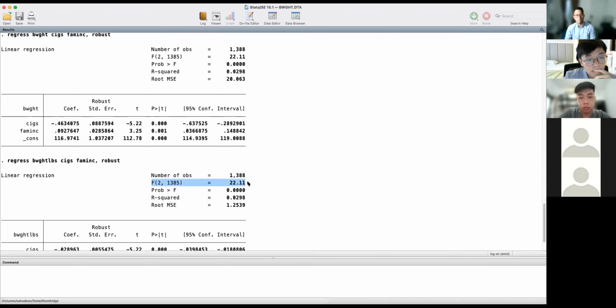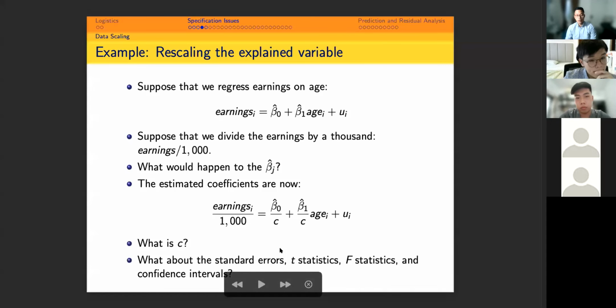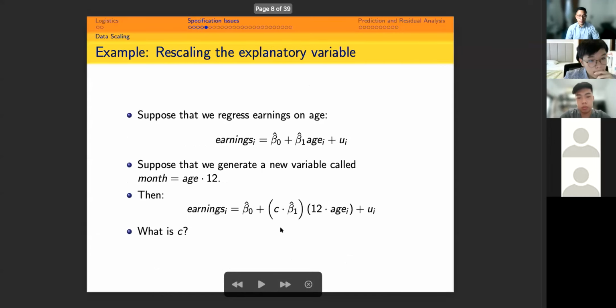Okay, all right. So I'm going to go back to the presentation, and we're going to discuss another way of rescaling. So here, instead of rescaling the variable on the left-hand side, we're actually going to rescale the explanatory variable.